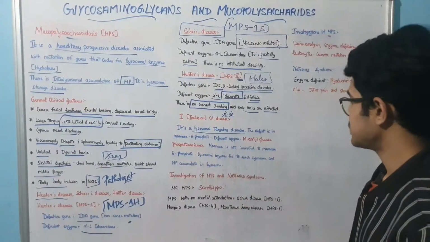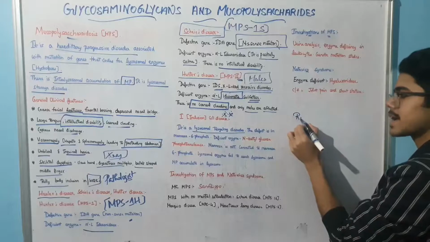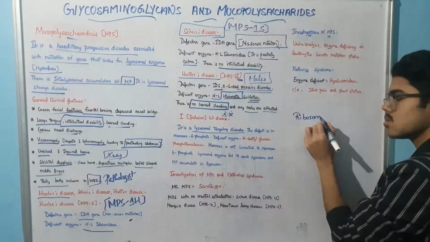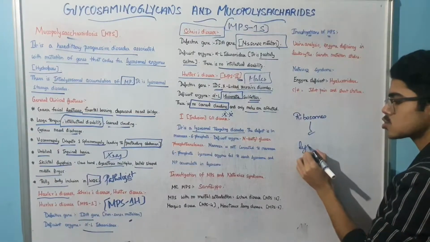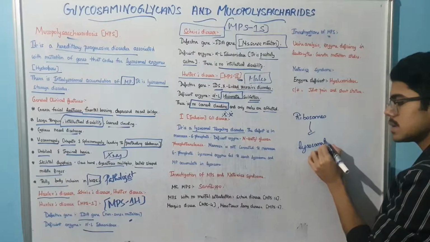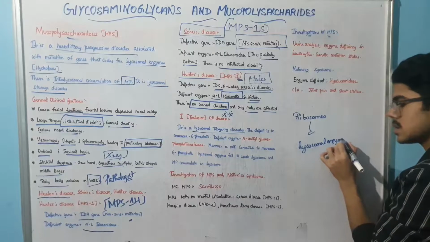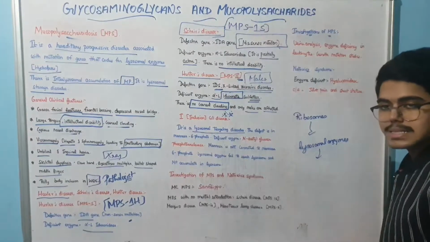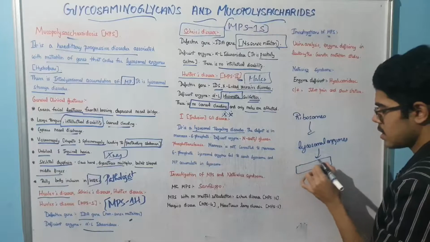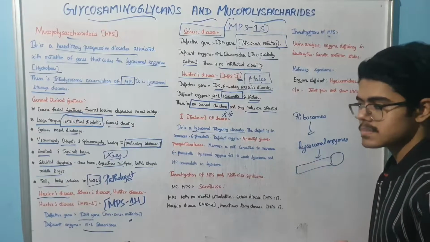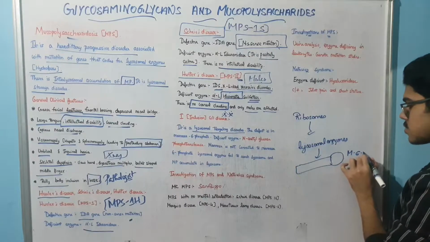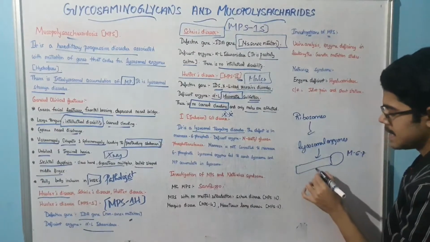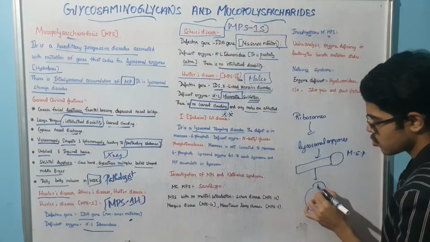Now listen carefully. We have ribosomes, and they produce lysosomal enzymes. Along with the enzyme, the mannose 6 phosphate tag lets it enter the lysosomes.